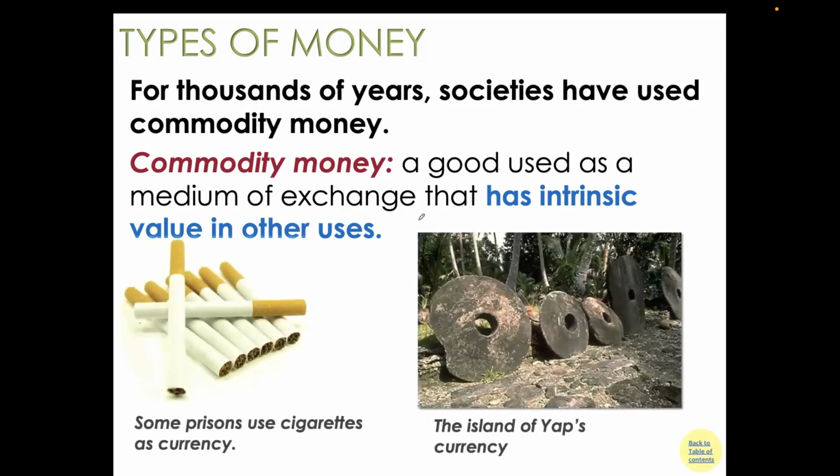On the left-hand side of this slide, at the bottom, the picture shows some people under some very special circumstances deciding to use cigarettes as currency. On the right-hand side, in some location, like a remote island, people agree to use this round stone.